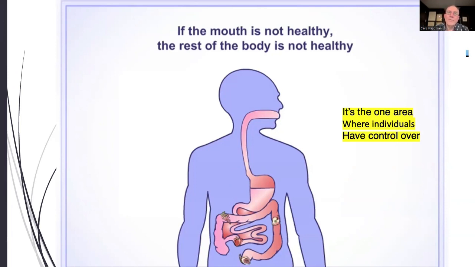Especially with FOP, I see it way too often that the mouth is ignored, and yet it can essentially be one of the most devastating issues with respect to quality of life in this population group.